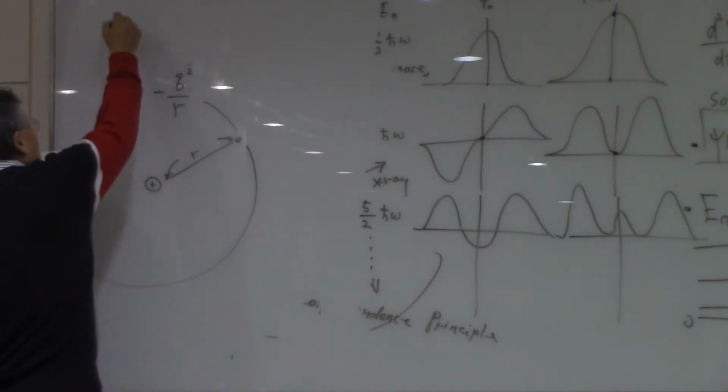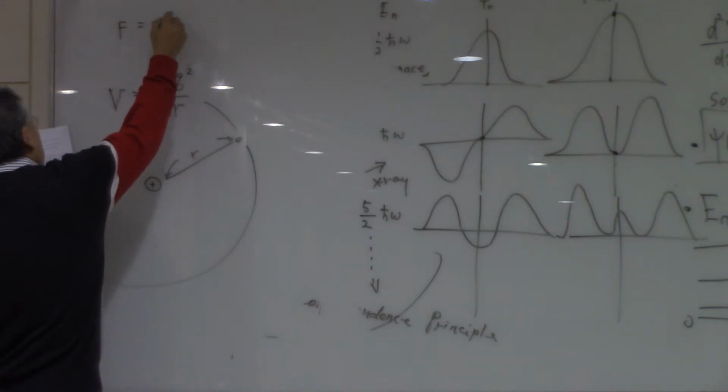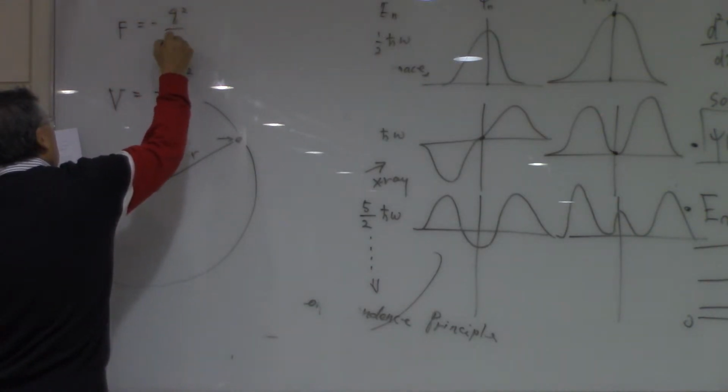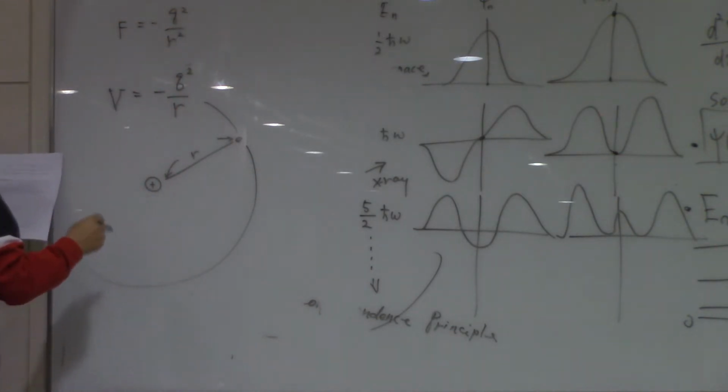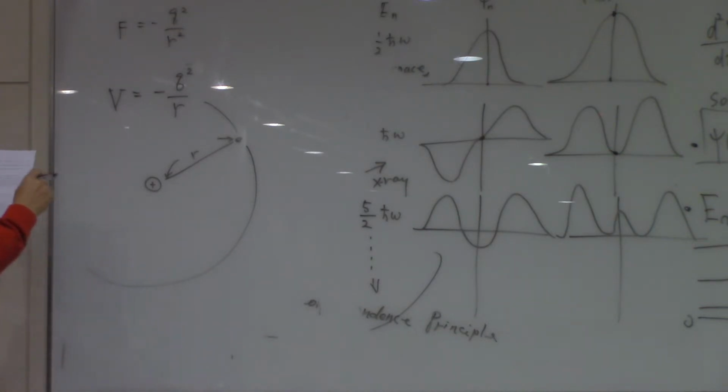And the force is Q square over R square, and the potential energy is going to be Q square over R.